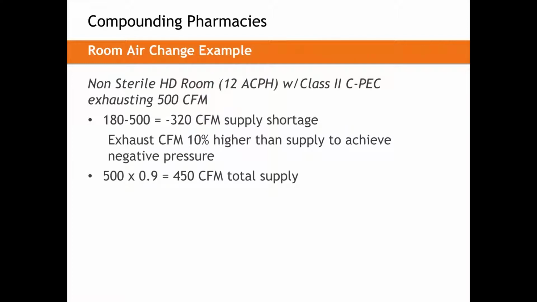So in this space, instead of being driven by our air change rate, our supply and actually our true air change rate is dictated by the equipment. Now these are fairly simple examples, especially in the hazardous drug space. What we're seeing is typically not just one CPEC. We're seeing 1, 2, 3, even 4 of these devices in the space.